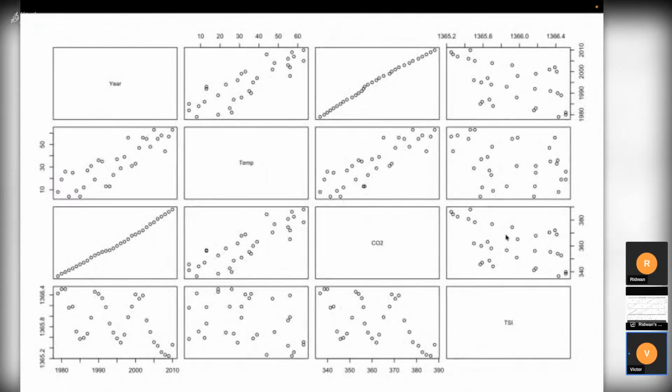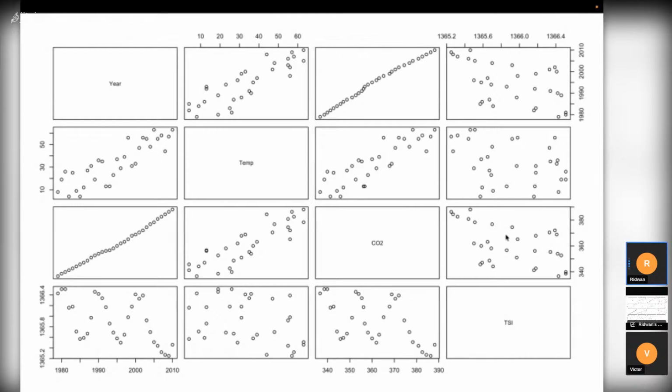If you take only temperature and CO2, when temperature is on the row and CO2 is on the column, it gives you an answer. Then when temperature is on the column and CO2 is on the row, it also gives you an answer. So which flipping are you talking about?